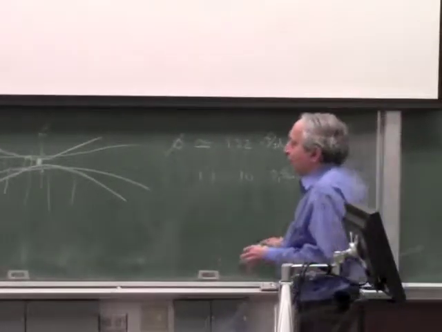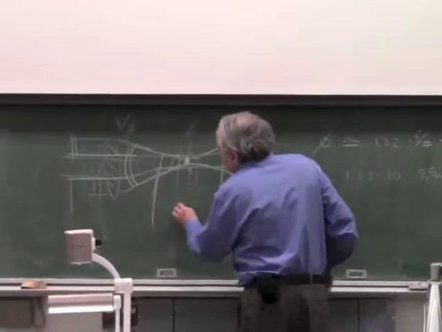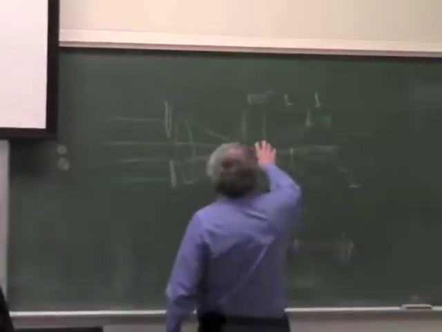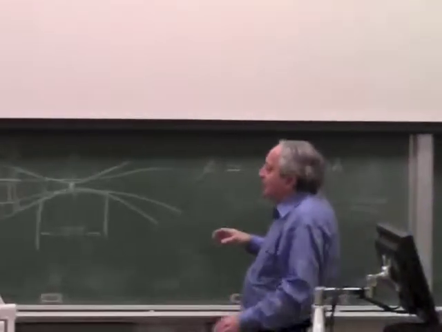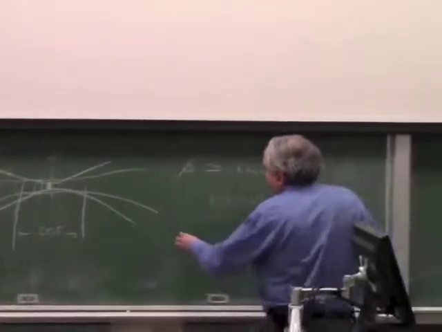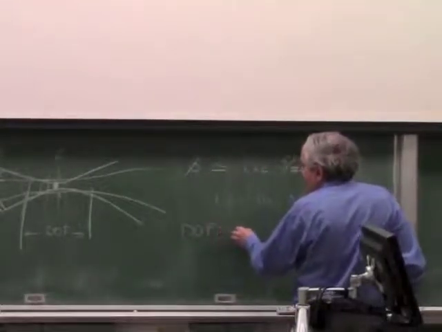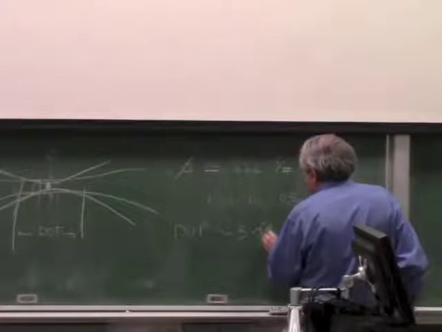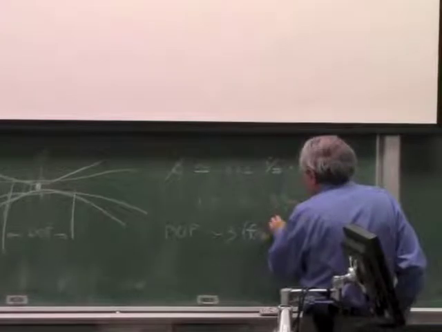And there is an equally good formula to estimate the depth of field. Because now we are no longer talking about the geometric limit, which you also have to estimate, but we are talking about the fundamental limit that no matter what you do, the diffraction limit of the depth of field, okay, is going to be, and again it's very rough, this is an even rougher formula, 3 times F number squared times lambda.